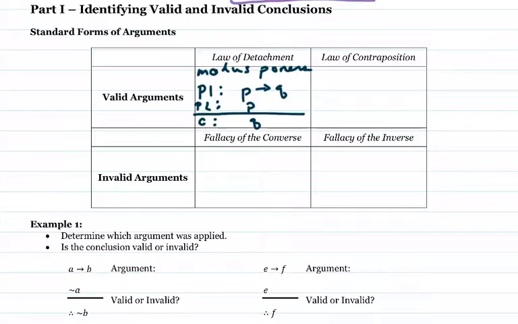So the way that we show this with truth tables, I think this is really interesting, is we would take both of our premises. So our first premise is if P then Q. And then with that, we combine that with a conjunction with our second premise.